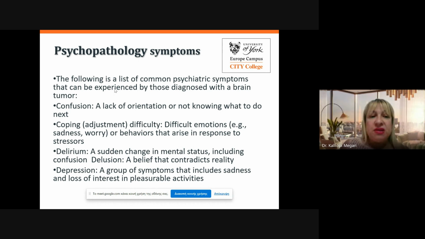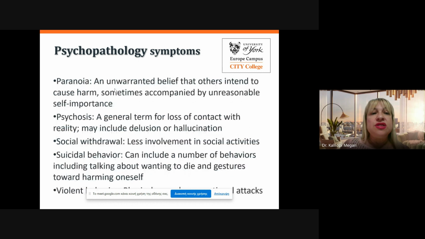They may experience delirium, a sudden change in mental status, including confusion or delusion, a belief that contradicts reality. Depression, a group of symptoms that includes sadness and loss of interest in pleasurable activities. Paranoia, psychosis, they may have delusions or hallucinations.